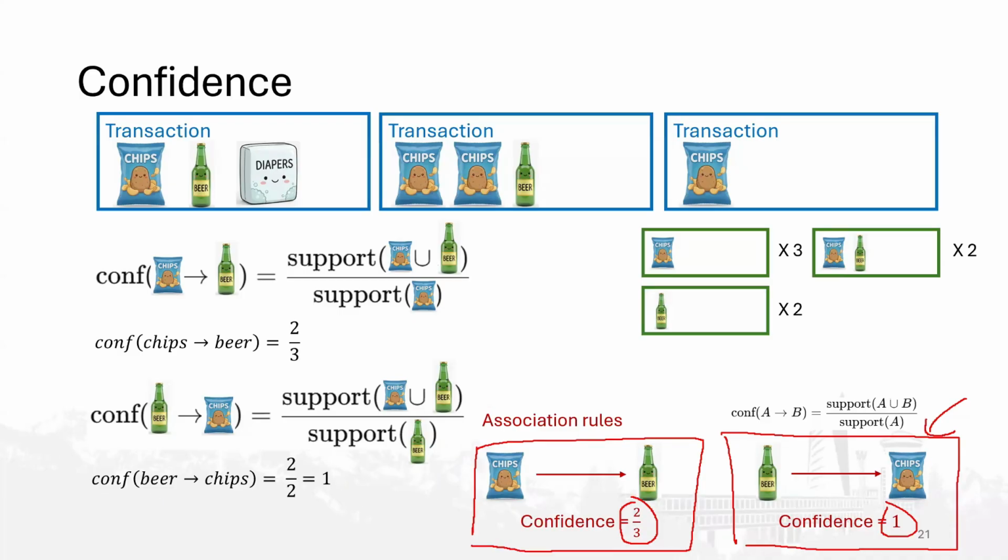That means if we see the customer buy beer, we are more confident that the customer will also buy chips. So that's the confidence. So in summary, not all association rules are equal. Even if you can get several association rules from the same set of frequent item sets, their confidence could be different because the conditional probability can also be different. That's the main idea. Thank you.